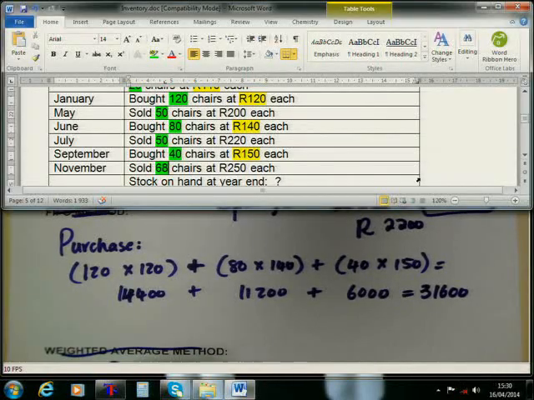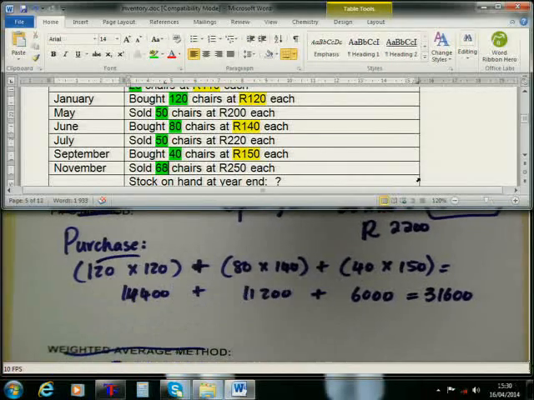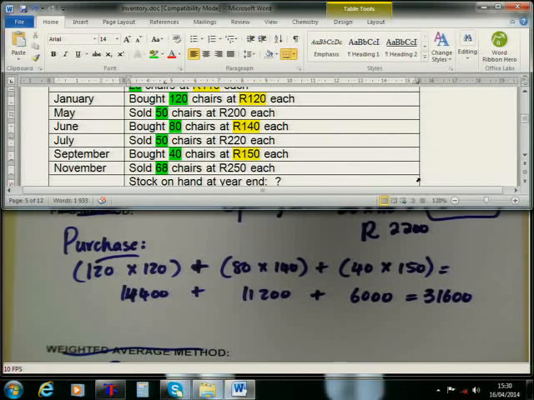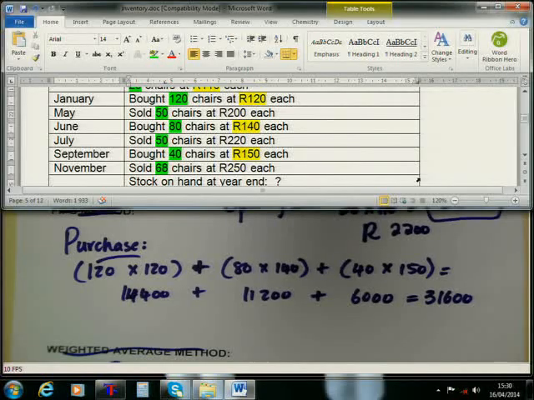What is our sales? Can you see we can work out all of this in the information that we've got? In May we sold 50 chairs times 200 rand. We sold in July 50 times 220. And we sold in November 68 times 250.